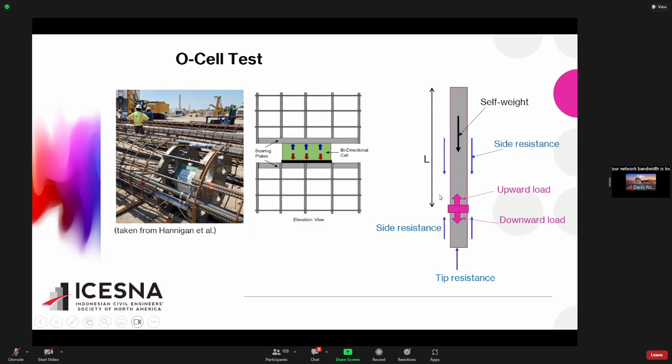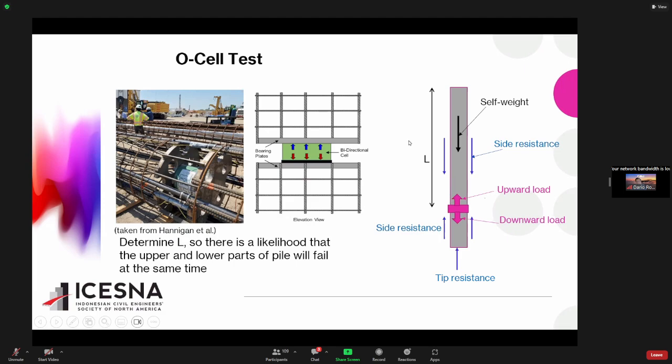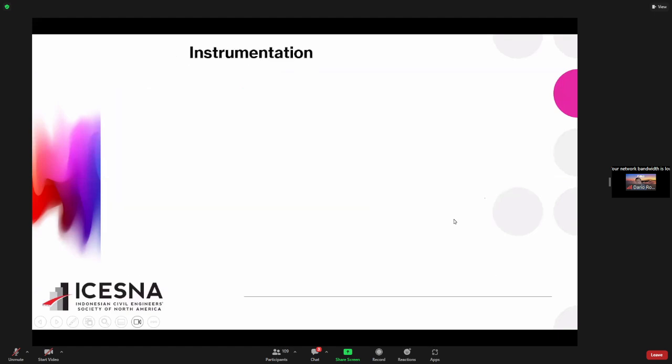Basically, you push the top up and you push the bottom down. The key is where to locate the cell. You need to calculate based on your data where you're going to put the cell, so that there is a likelihood that the upper and lower parts of the pile will fail at the same time. But it's easier said than done. Typically you will not be able to do it exactly, but you do your best to predict the location of the load cell.